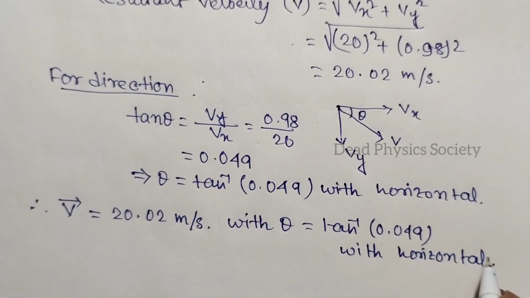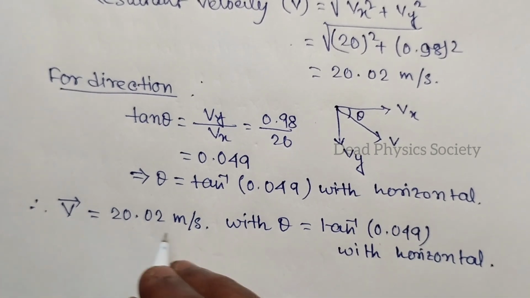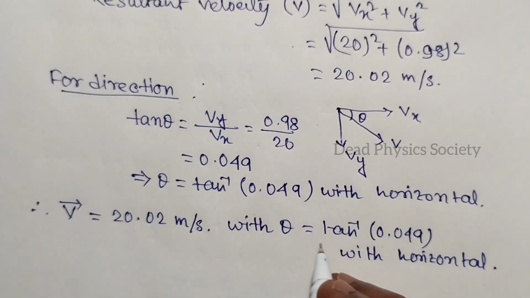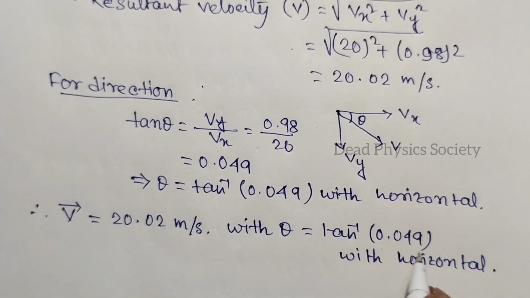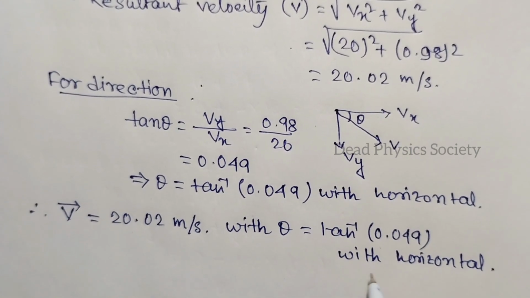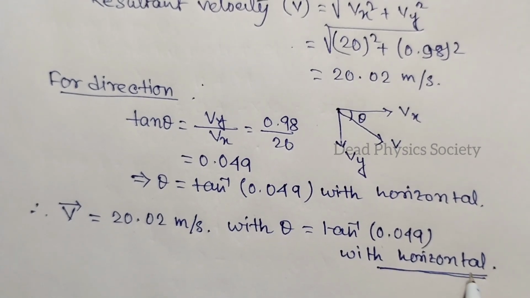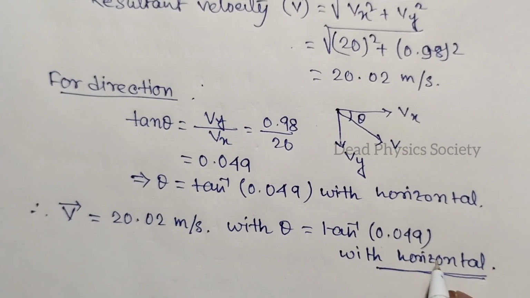So স্টোনের ভেলোসিটি হবে 20.02 মিটার পার সেকেন্ড হরাইজন্টাল লাইনের সঙ্গে থিটা ইকুয়ালস টু ট্যান ইনভার্স 0.049 অ্যাঙ্গেল করে. সো দিস ইজ আওয়ার ভেলোসিটি উইথ ডাইরেকশন.